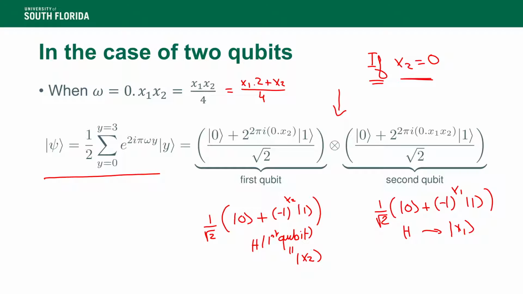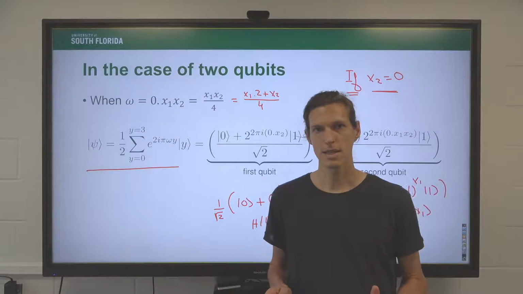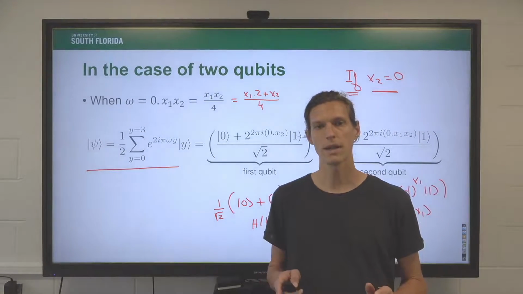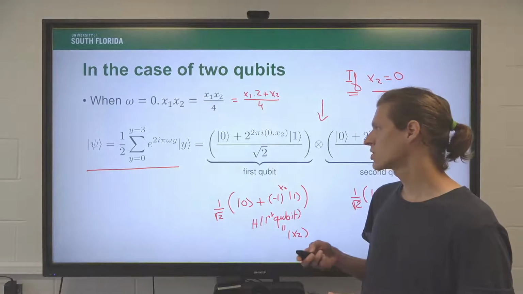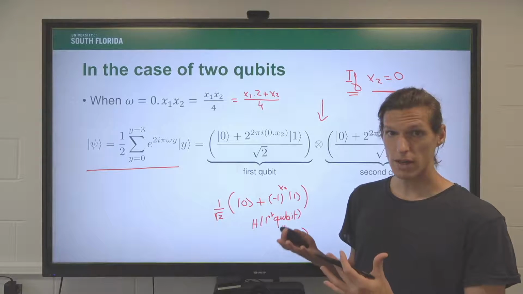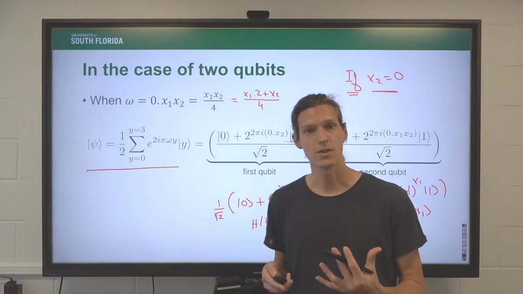So really, the only problematic case is if x1 equals 0 and x2 equals 1, in which case we're going to have to do something different.